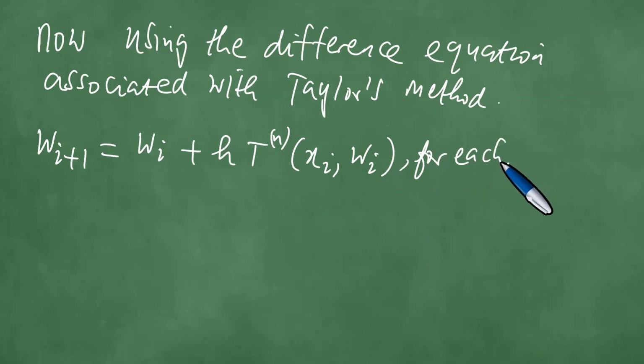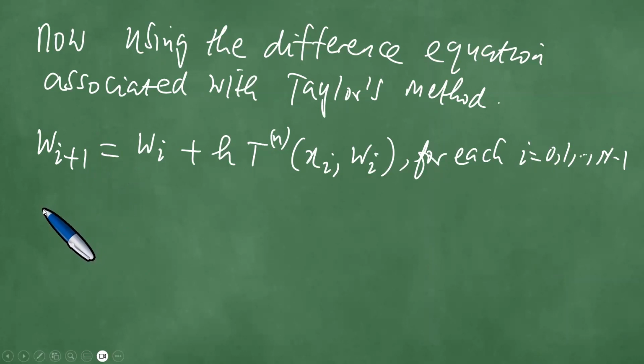For each i equals 0, 1 up to n minus 1. So this is the formula for Taylor, but we must plug in the correct T that we just got.